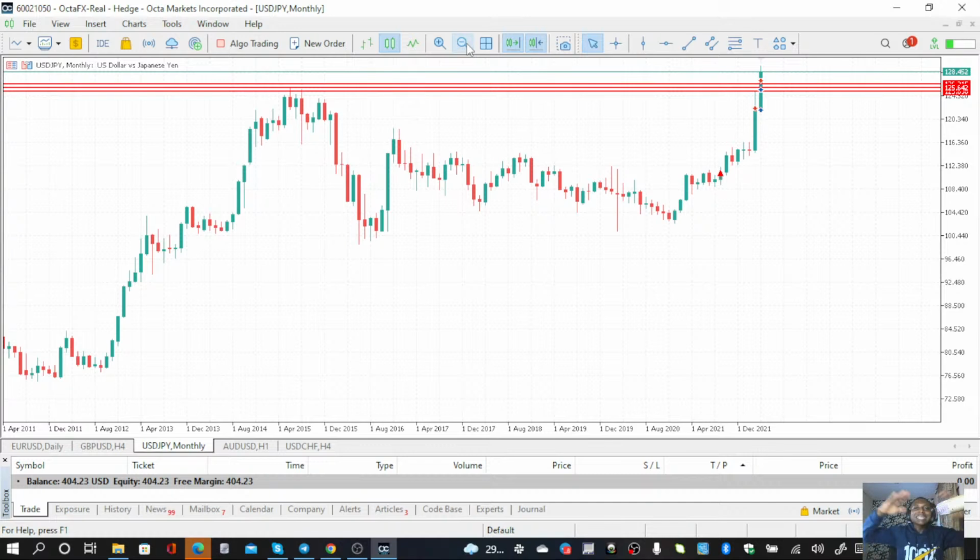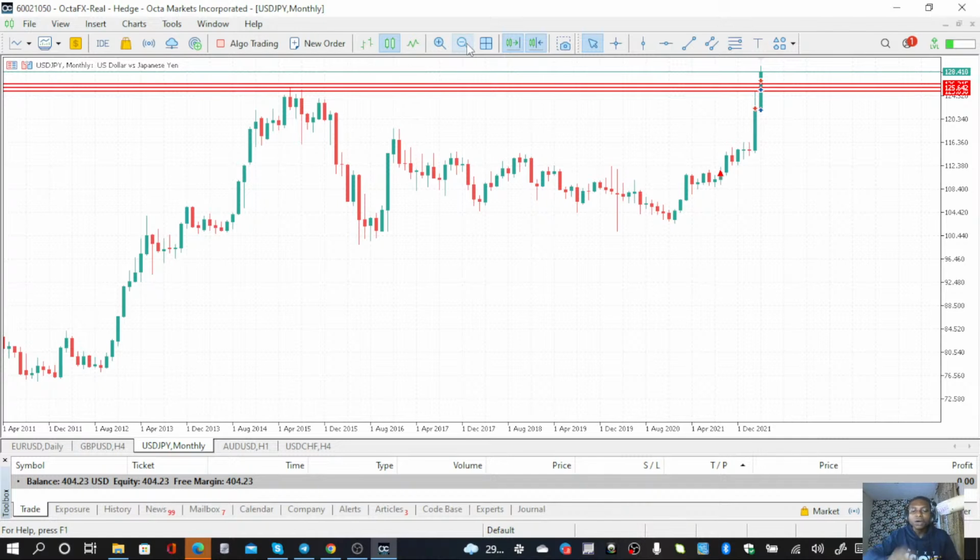The higher time frame helps you see how the market is operating on the broad scale, while the lower time frame helps you zoom in and see closely what is currently happening. That is what we are doing now.